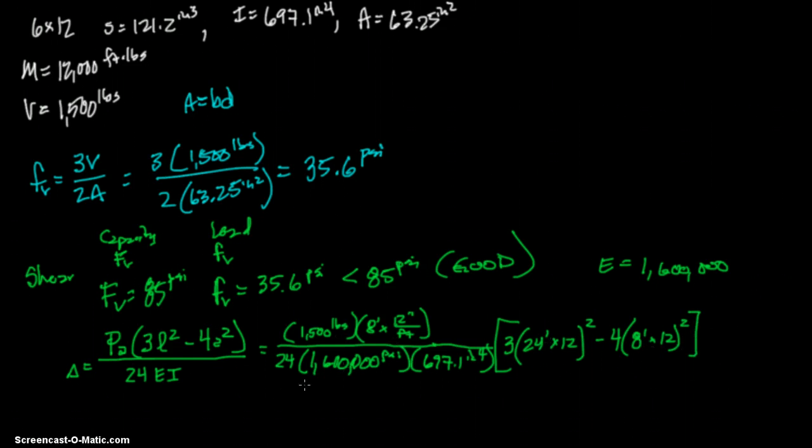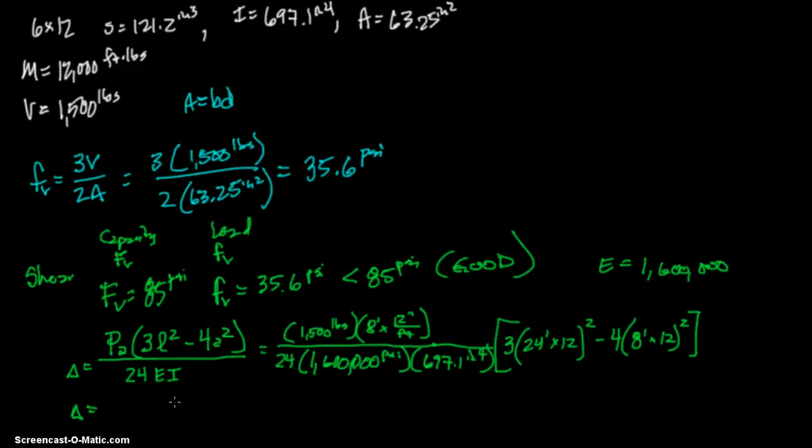And let's go ahead and get all that out, and we get actual deflection. That's 1,500 times 8 times 12 divided by 24 divided by 1,600,000 divided by 697.1.